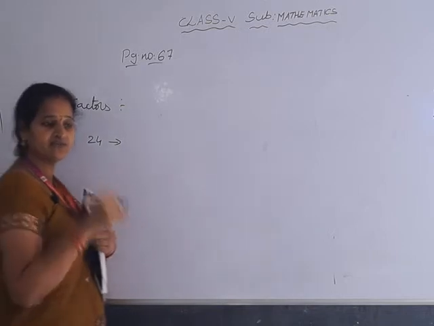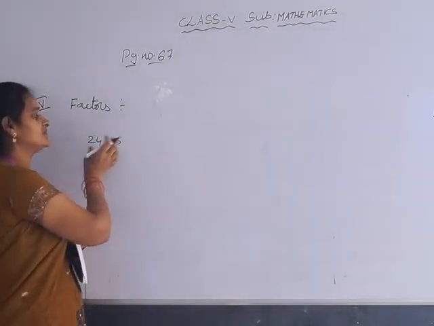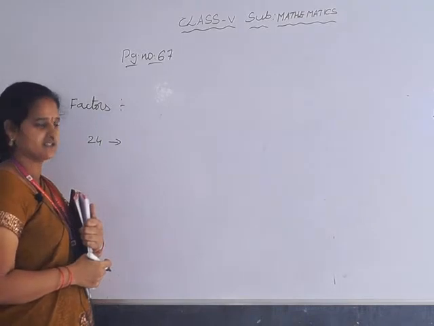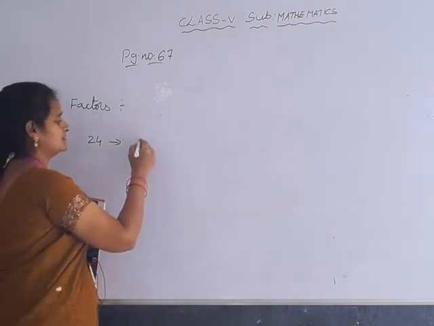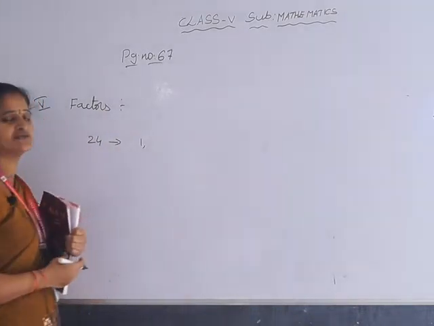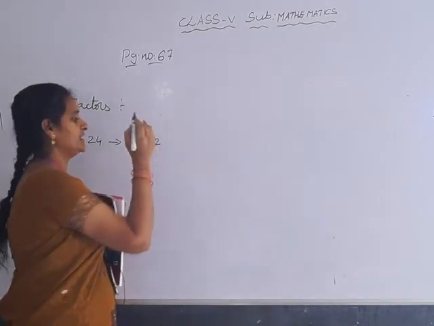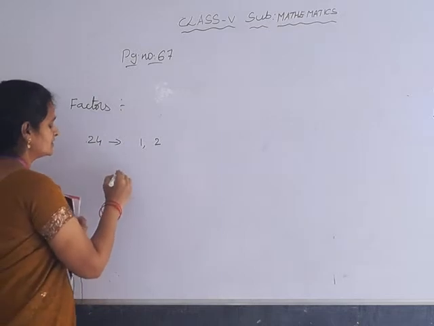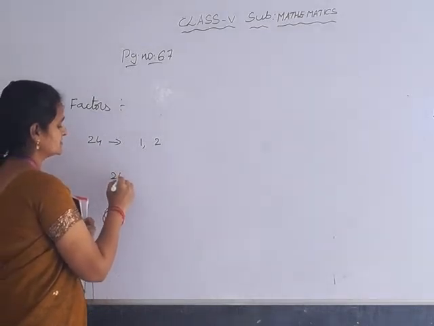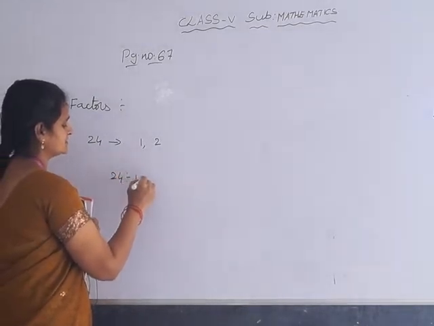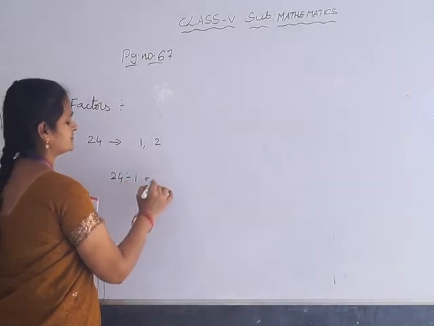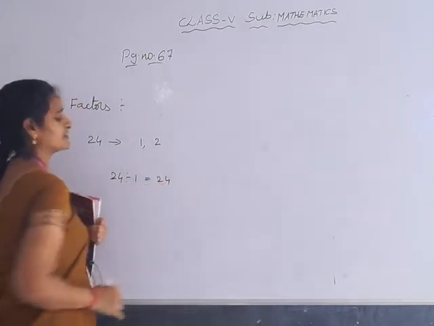That means, in which tables is 24 completely divisible? Here 1 divides 24 completely, 24 times.